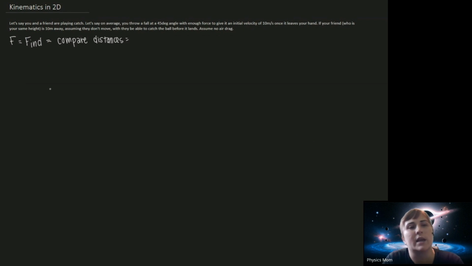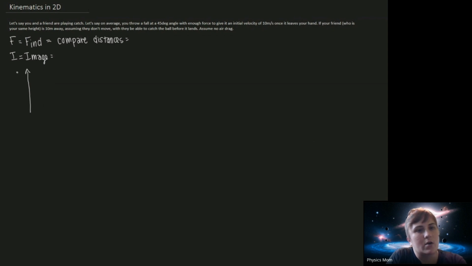The next letter in the acronym FIDESA is I. I stands for image. And this is just drawing out what's going on in our situation. For this specific case, I'm going to draw it out on an XY graph, just so we can see the vertical and the horizontal components, put them in terms of Cartesian coordinates.